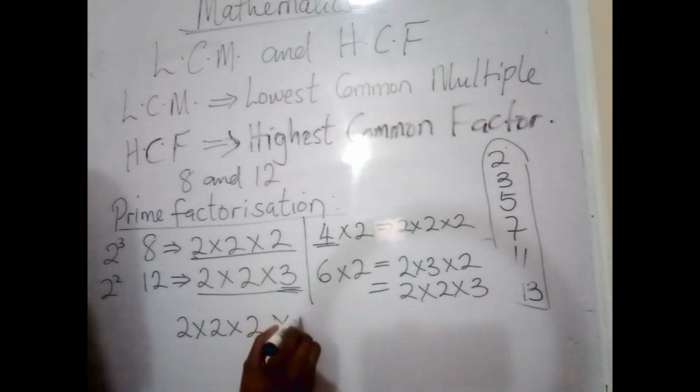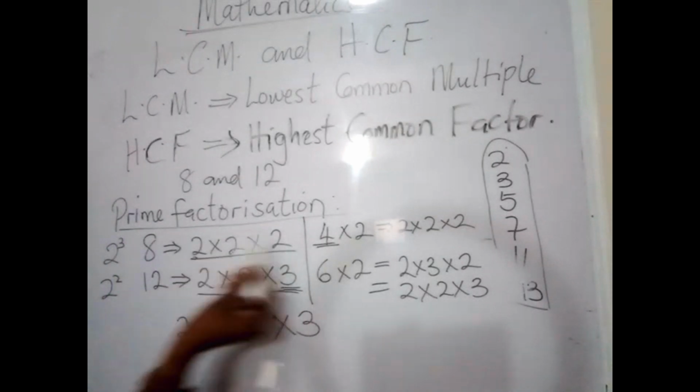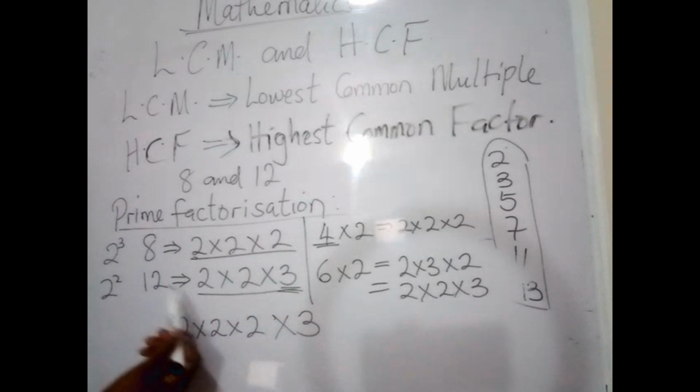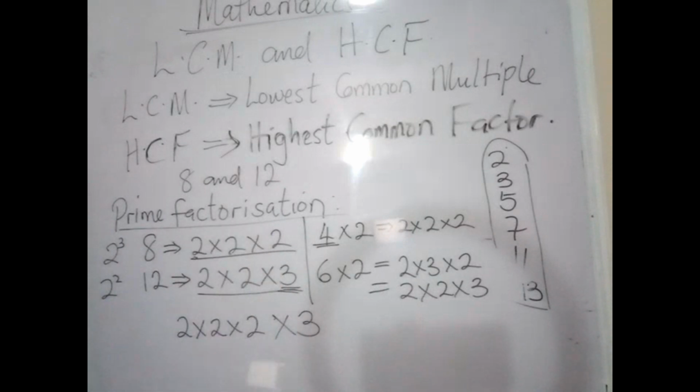So the only thing we do is to pick that number. We are not picking these 2 because these 2 are already reflected in the 3 2's. But there is a number among the 12 prime factorization numbers that is not reflected in the 8 prime factorization. So we will take that extra number and add it to what we took from 8.